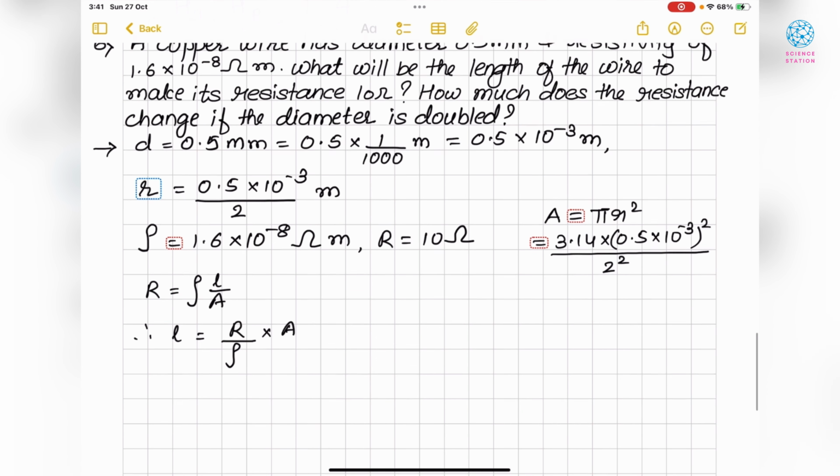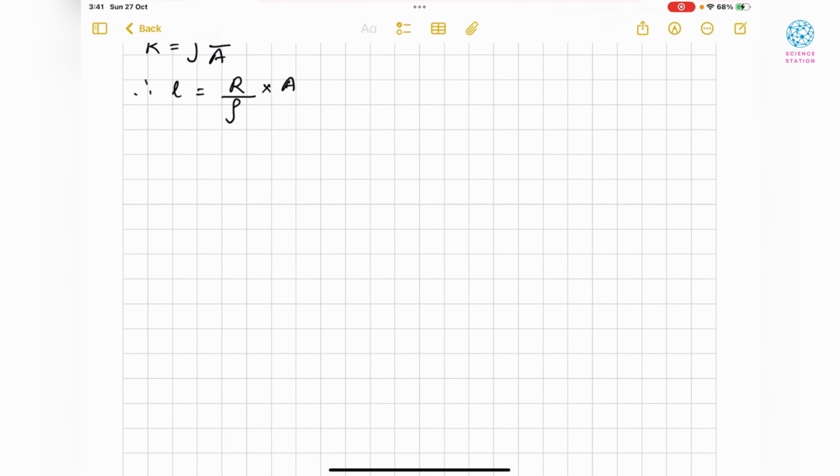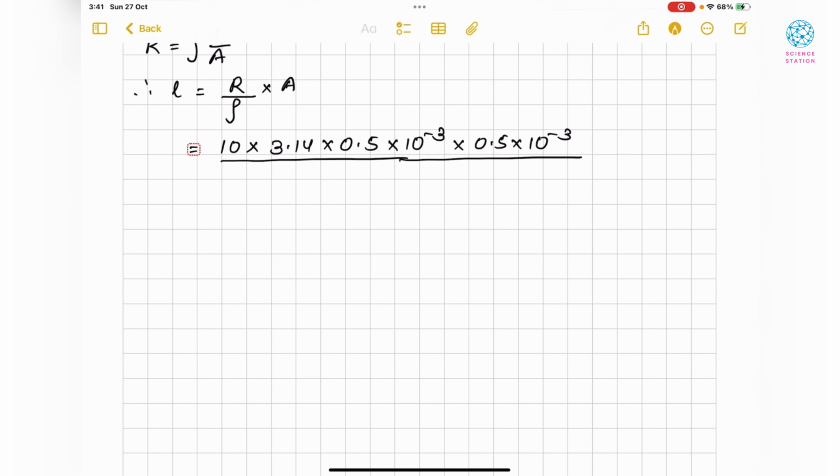So that will be equal to, now I am placing all the values. So R was 10 into 3.14 into 0.5 into 10 raised to minus 3 into 0.5 into 10 raised to minus 3 whole upon 1.6 into 10 raised to minus 8 into 2 into 2. So if I cut 2 and 10, that will be 5, and if I cut with 2, 3.14, I will get 1.57.